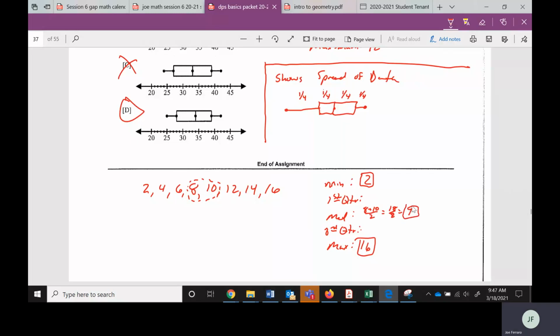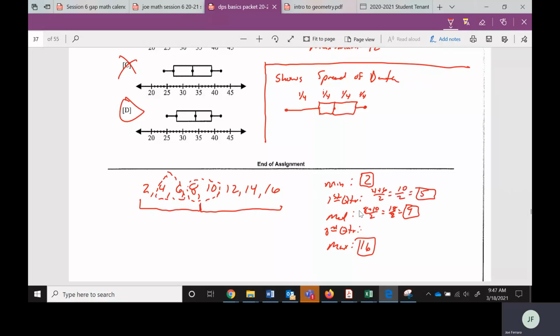This is our median. Now, there's no actual median that shows here, so we count from that point over as the first half. From this point over as the second half. There's 4 numbers here, 4 numbers here. So again, there's no exact median. So you would take the 4 and the 6. You'd have to add them up, divide by 2.